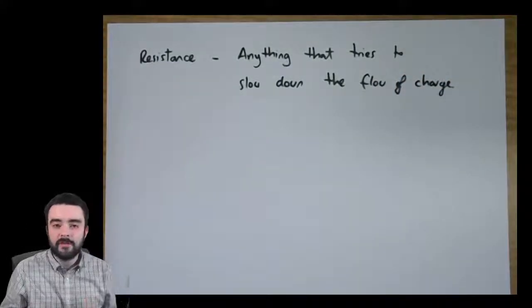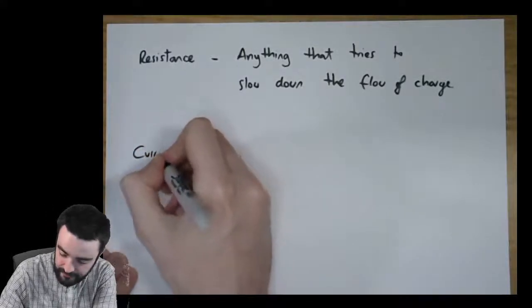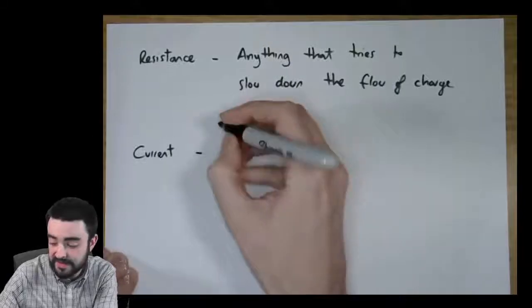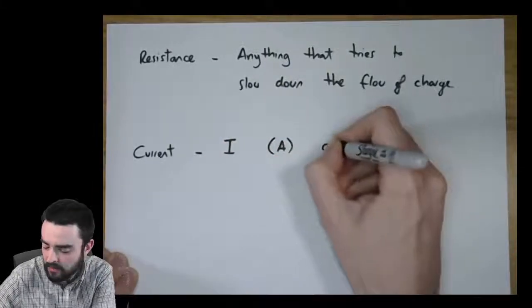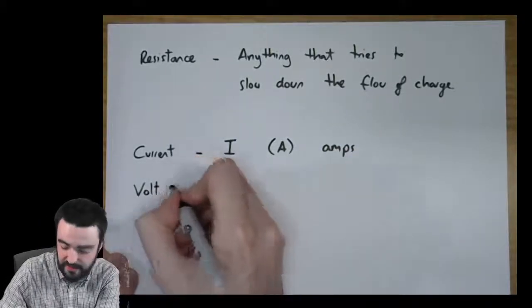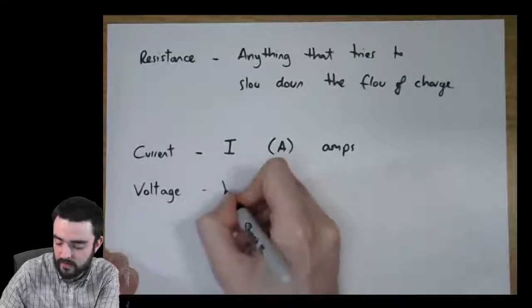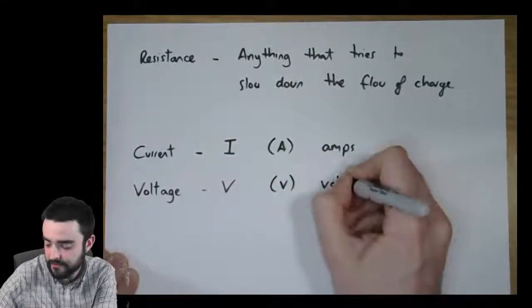So when we're talking about these three quantities, we've got our current, which by the way has the symbol of I and the unit of amps. We've got our voltage, or potential difference, with the symbol V, with the unit of volts.